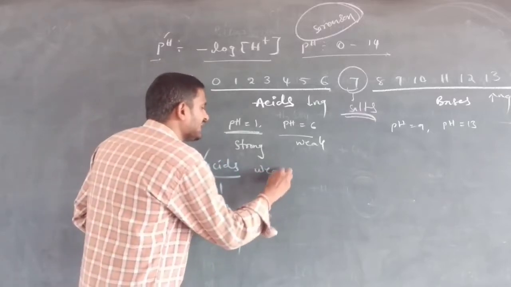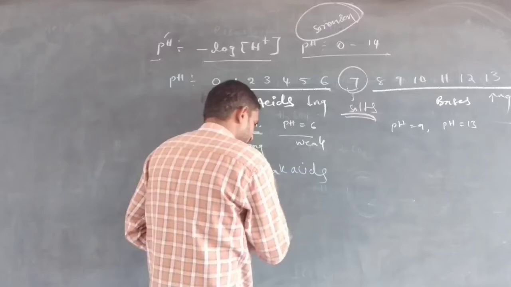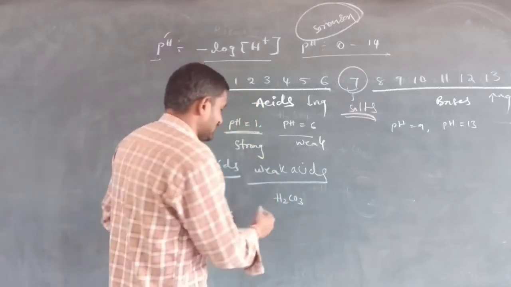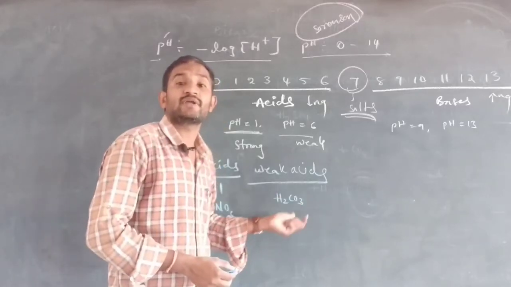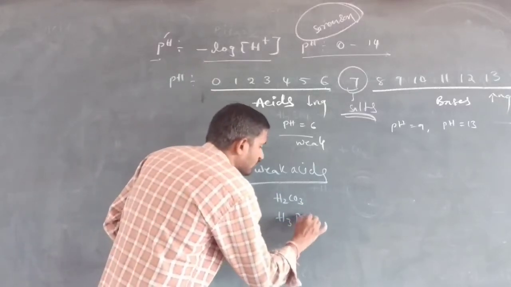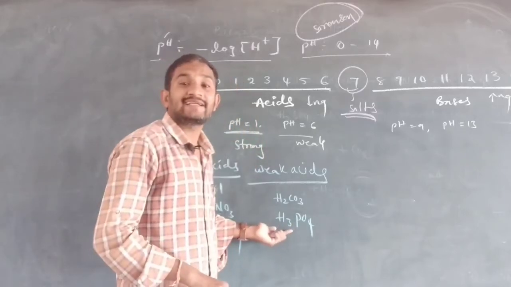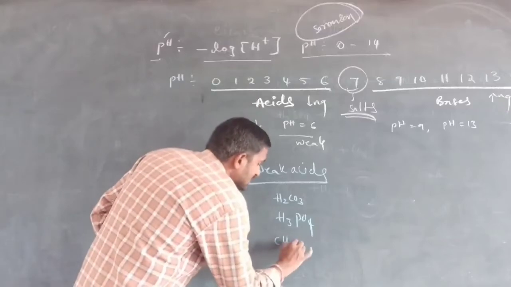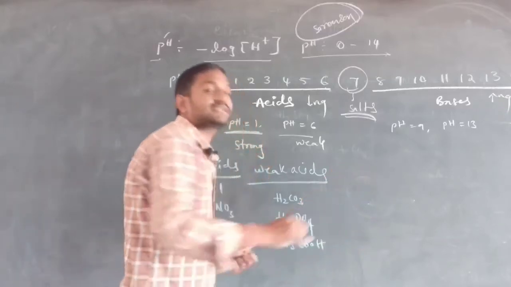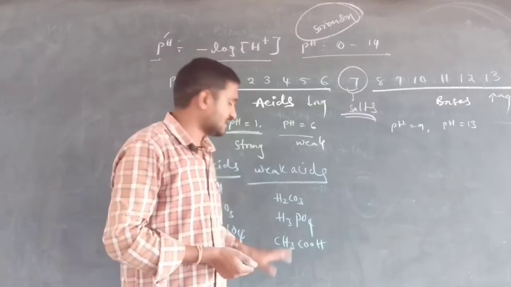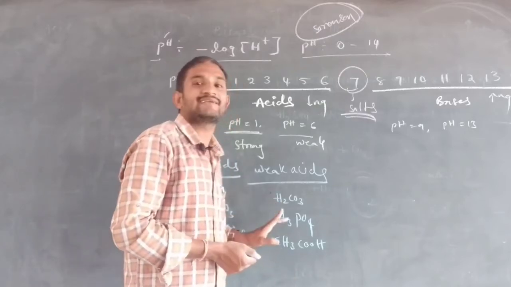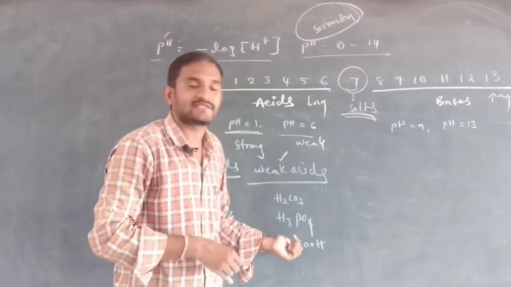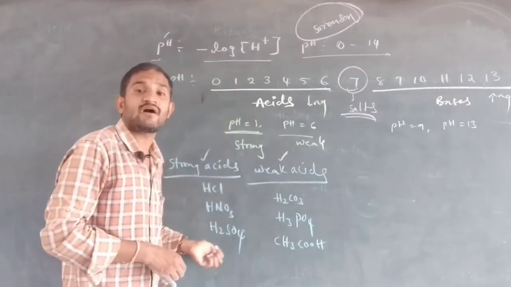Next, weak acids: H2CO3 carbonic acid, H3PO4 phosphoric acid, CH3COOH acetic acid. These three are examples of weak acids, and the earlier three are examples of strong acids.